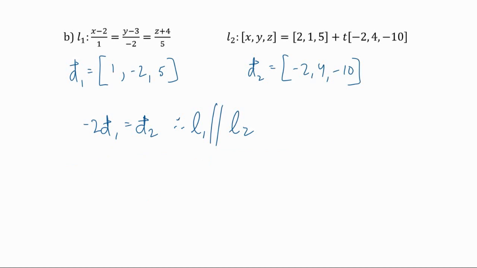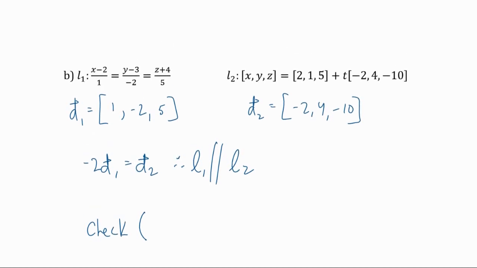Okay. So again, I'm going to check a point on one of the lines. Oh, and so how do we get a point from symmetric form? Symmetric form is x minus x naught over, we often call it m.